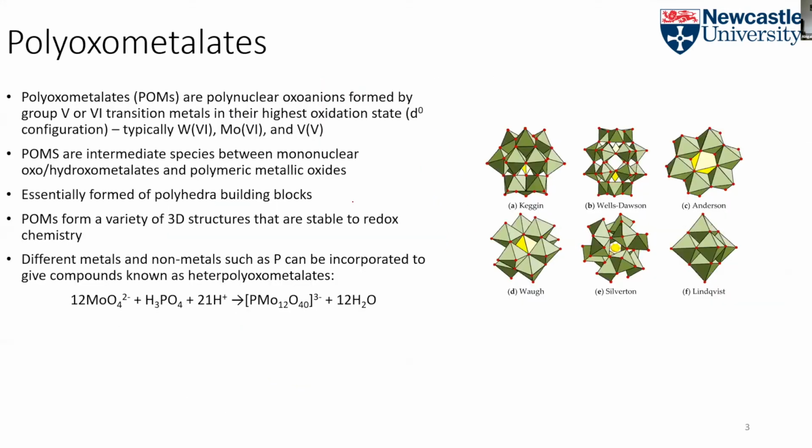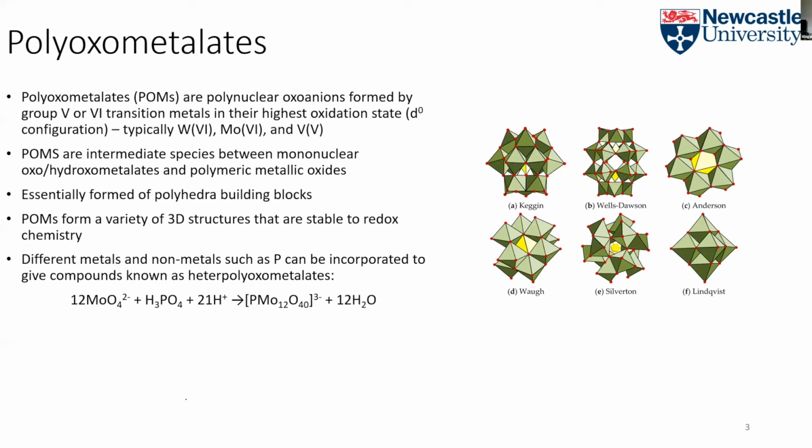So we're exploring the use of polyoxometallates. On the right here, you can see the different structures of these. These are little tiny molecular structures, and they have all different kinds of structures. There's literally millions of them, but the one I'm focusing on is the Keggin. They're formed from group 5 or group 6 transition metals in the highest oxidation state, which means they're d0, so they've got no electrons on them.